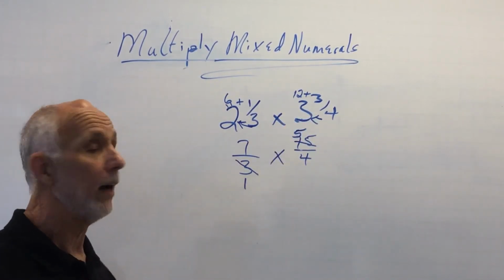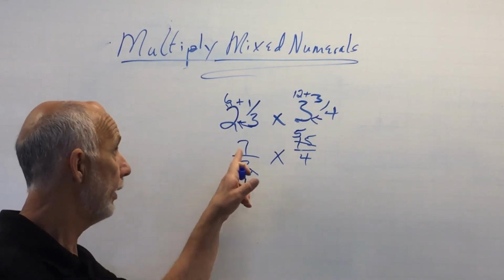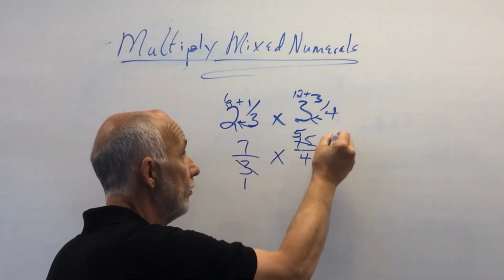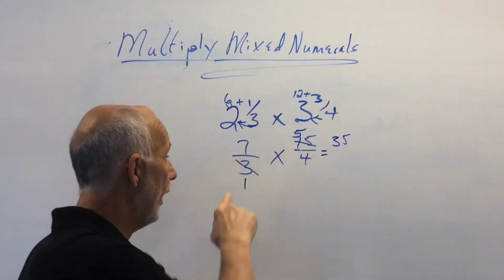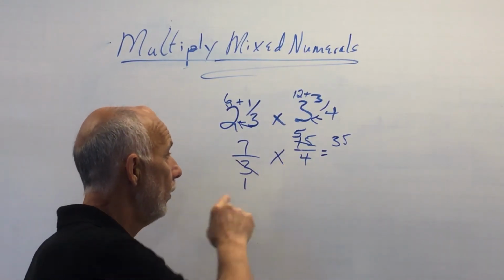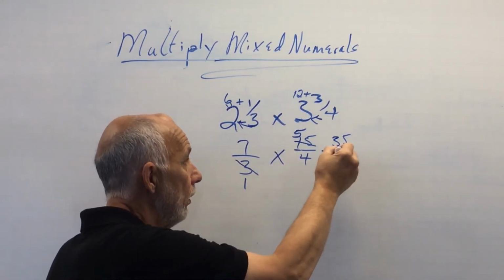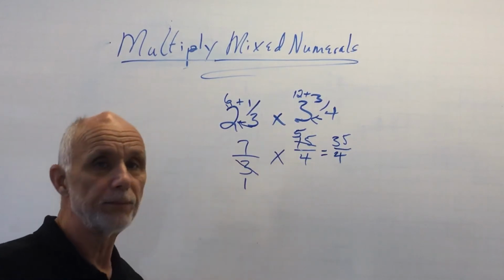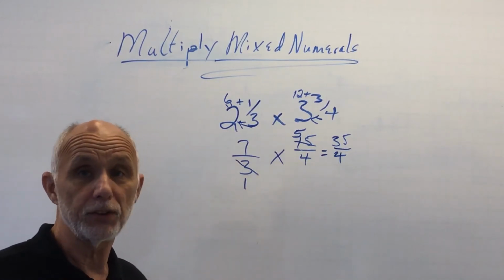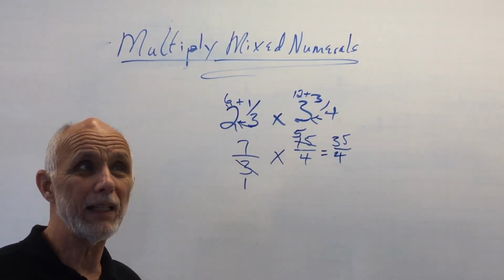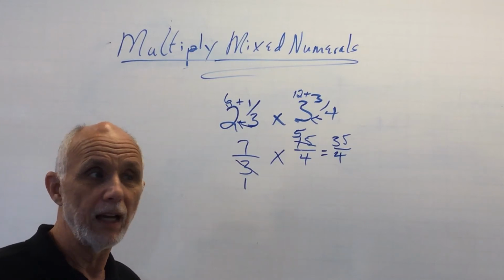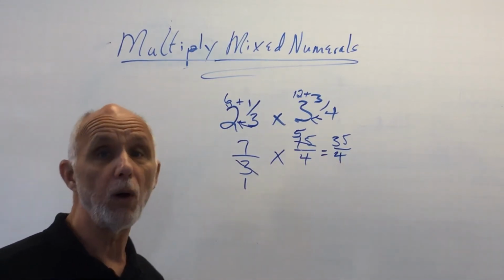So now I multiply numerator times numerator. 7 times 5 is 35. And I multiply denominator times denominator. 1 times 4 is 4. And that's my answer. Except it's not my answer. And you go, what do you mean it's my answer or it's not my answer? I mean, that's my answer, but it's wrong.